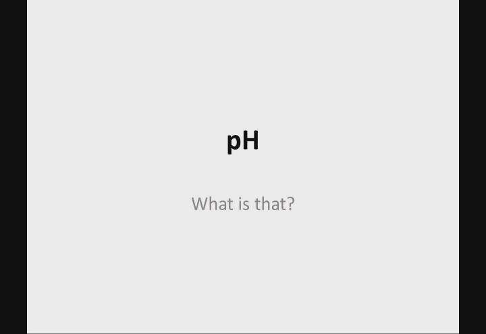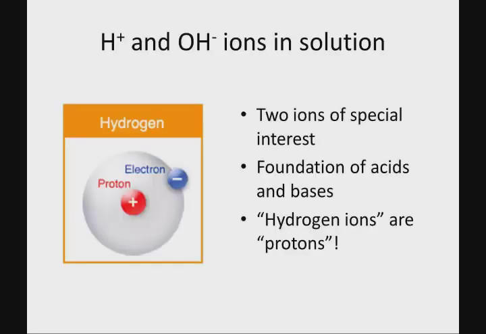What is that? Well, pH is a system to measure, ultimately, the hydrogen ion concentration in solution. So these are the two ions of interest that deal with pH, and they're the foundations of acids and bases. Now, throughout this talk and throughout the quarter, I'm going to use the words proton, hydrogen ion, and hydronium ion all kind of synonymously.